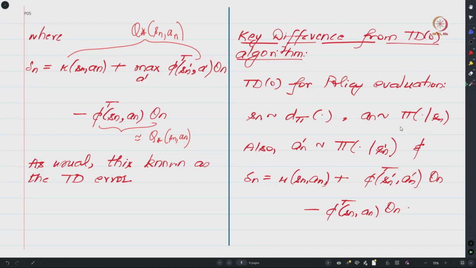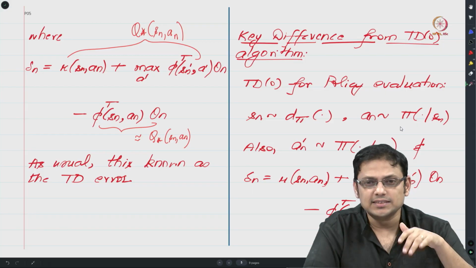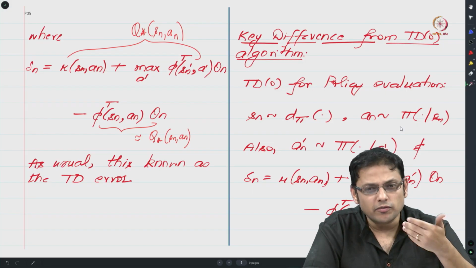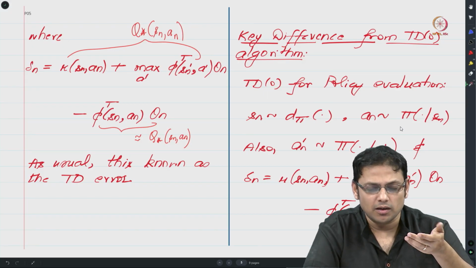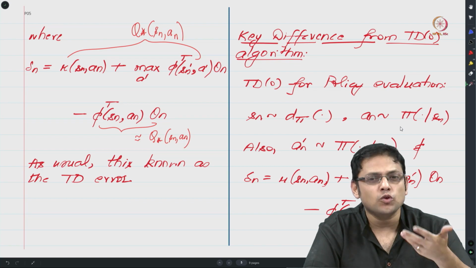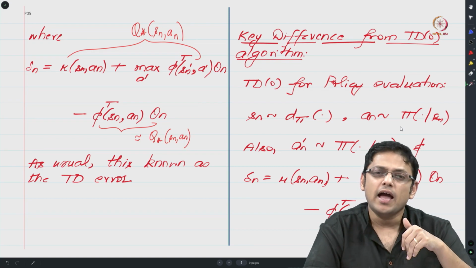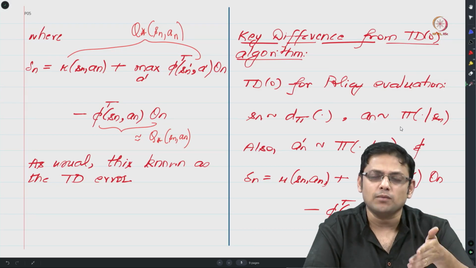On the other hand, in the policy evaluation case, the states and actions are sampled according to the behavior policy itself. I should be careful: the policy whose value we wish to estimate will be treated as the behavior policy and we will interact with the environment with that policy itself.